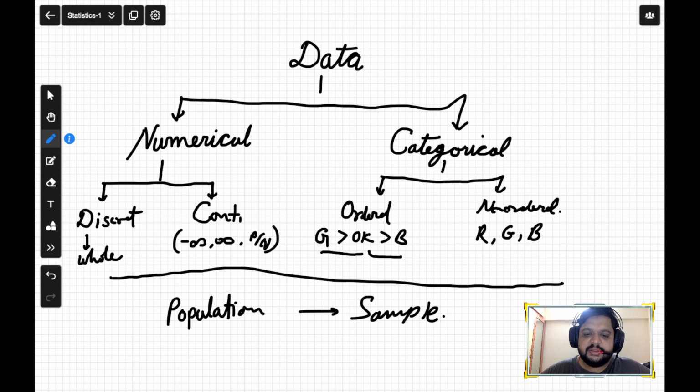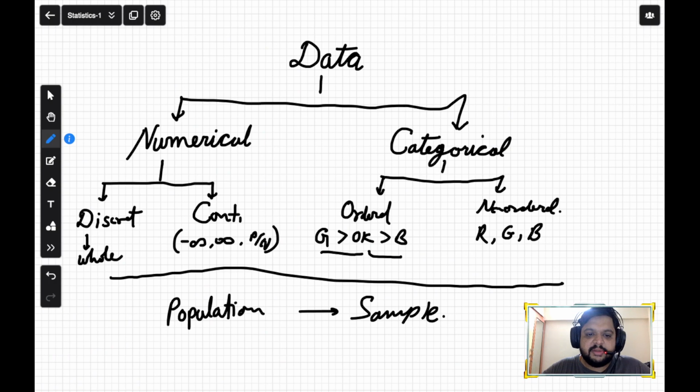What we can do is make certain groups of the city, and from every group we can select some random homes, and go and talk to those families, and ask how many kids they have, and this is how we can collect a sample of data.